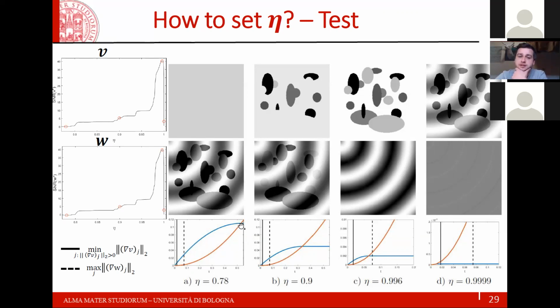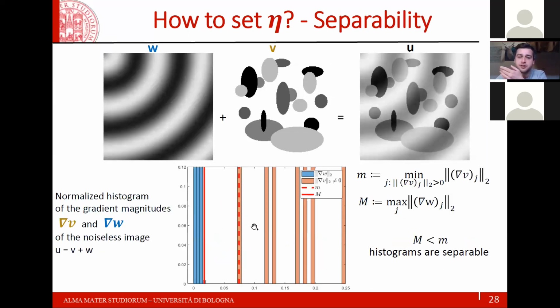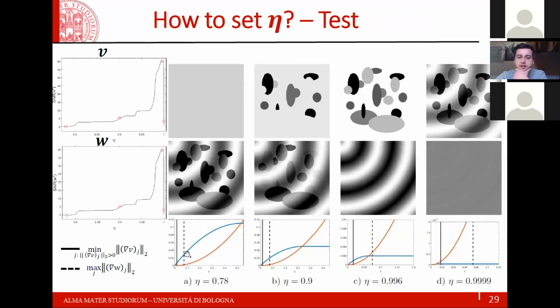So when the intersection point is away from this region, also indicated here by the vertical bars, the components can be shifted, and as the intersection point moves closer to the separation region, we can start seeing some parts of the piecewise constant image appearing.